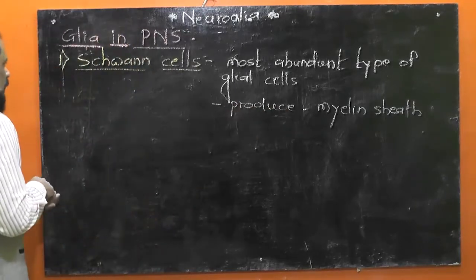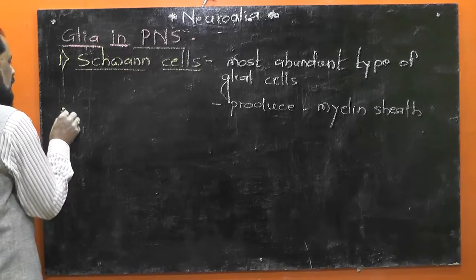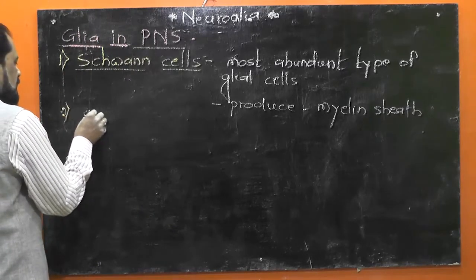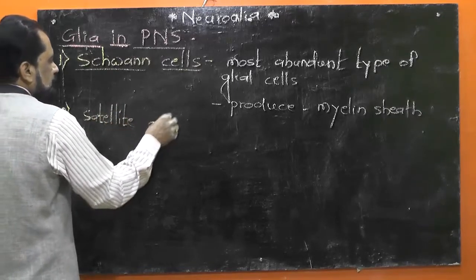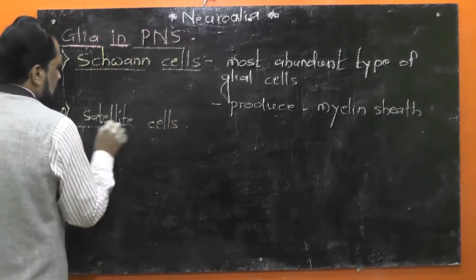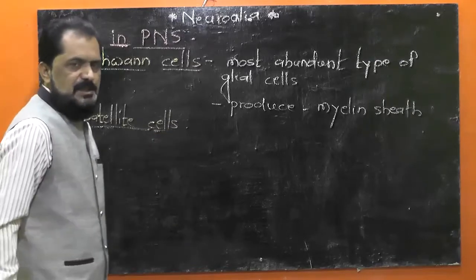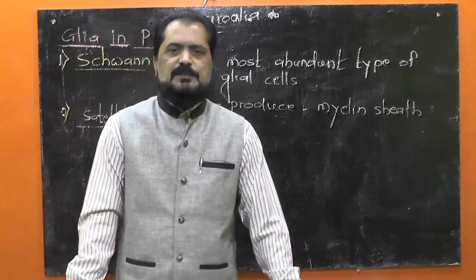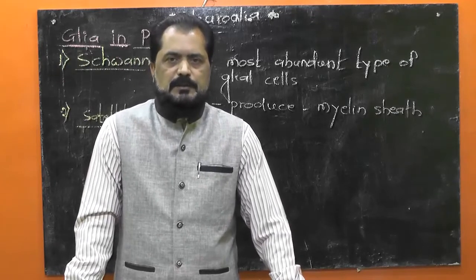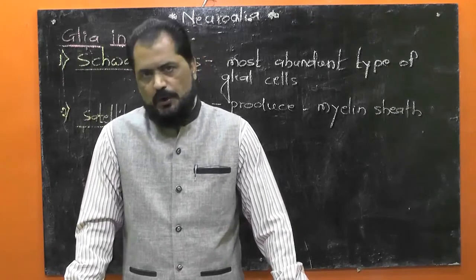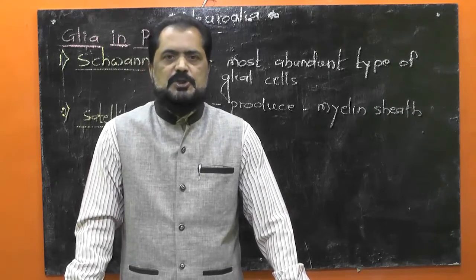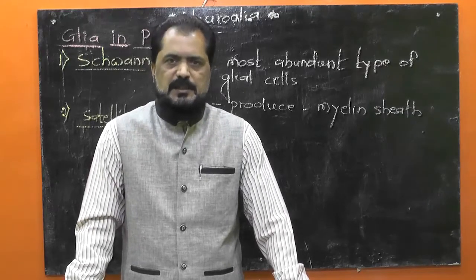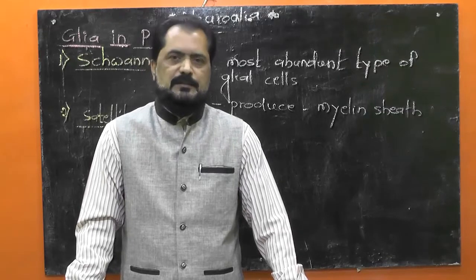And the last type of glial cell in peripheral nervous system is satellite cells. These satellite cells are mainly responsible just to help the functioning of neuron. It means they facilitate the transmission of nerve impulses by nerve cells.